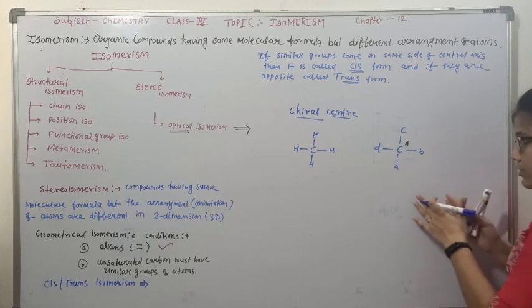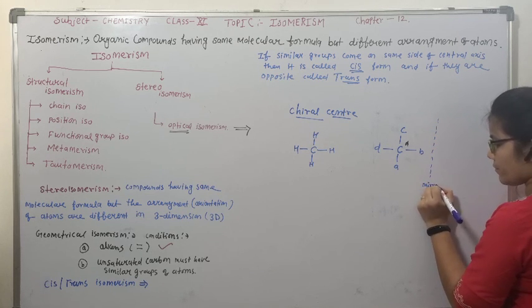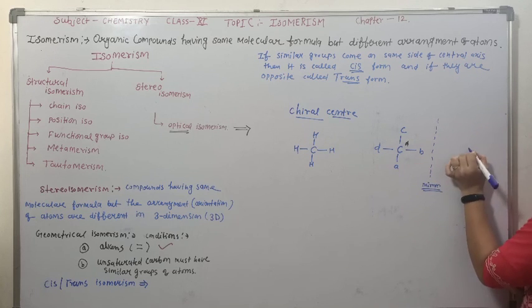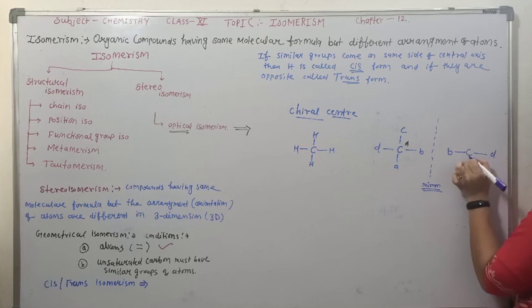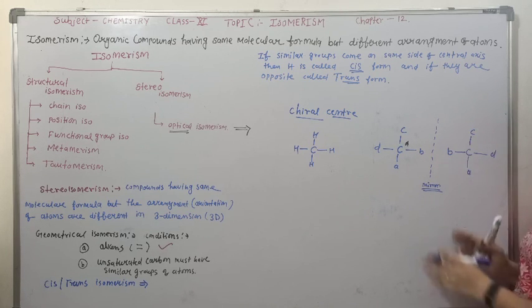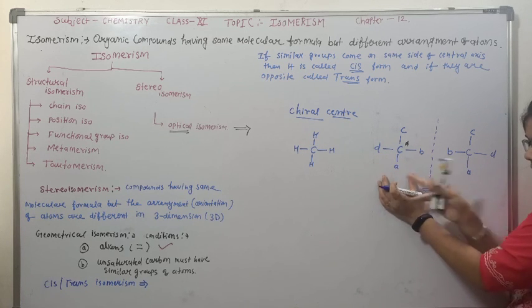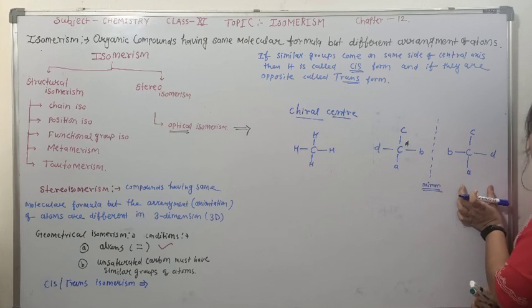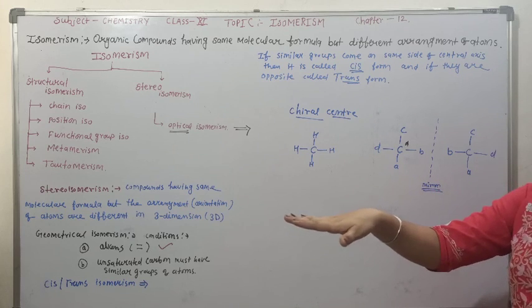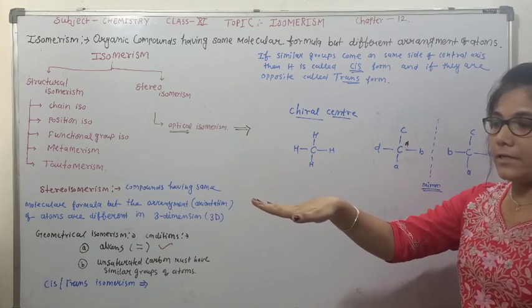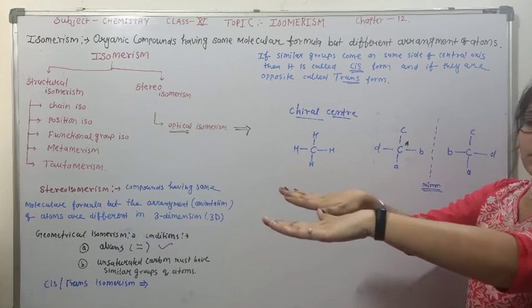Because of the chiral center, if we put a mirror here, its mirror image is like this. In the mirror image, B will be here, D goes here, A is here, C is here. Its mirror image cannot superimpose on the original. Understand this: this is our right hand, and when we see our right hand in a mirror, we'll see this image.